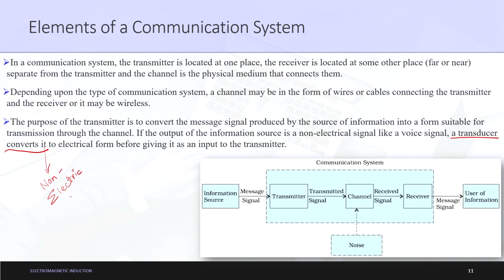A transducer converts a non-electric signal to electrical form before giving it as an input to the transmitter. Just before the transmitter, let us say this is the portion here, there is a transducer involved, and it converts any non-electric signal like a voice signal to an electrical signal. So, this is the work of a transducer.